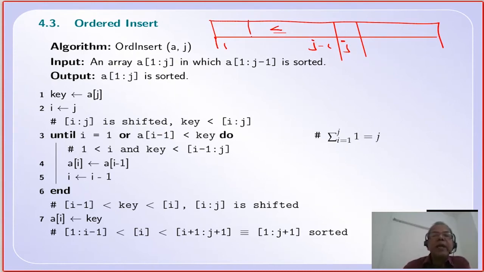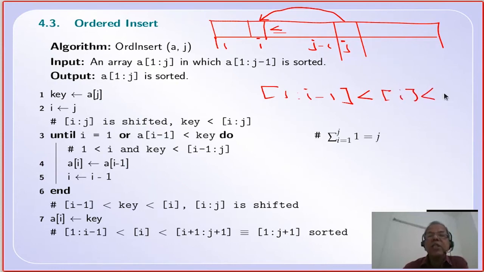We want to bring j to its right position so that, suppose this is i, 1 to i minus 1 is less than the item at i, which is less than i plus 1 to j plus 1. You hope you follow. This is my specification.